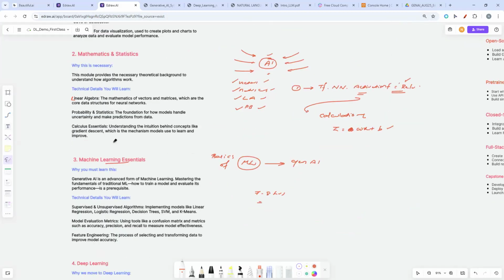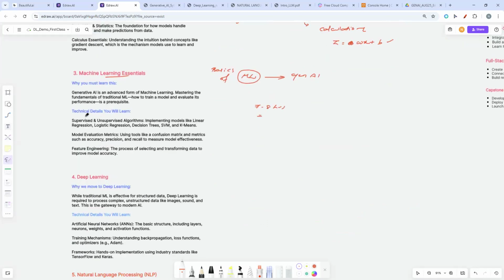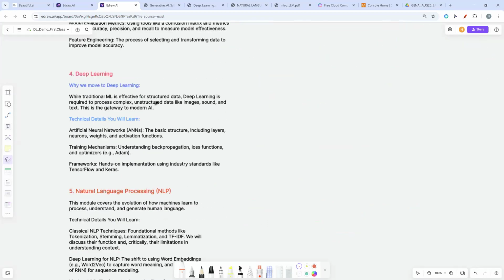Then machine learning essentials, and then we will go for deep learning, which is the foundation of everything, and you should have a very good understanding of this particular concept. So that's the reason we'll spend a good amount of time. For example, you unlock your mobile with face detection technology, right?